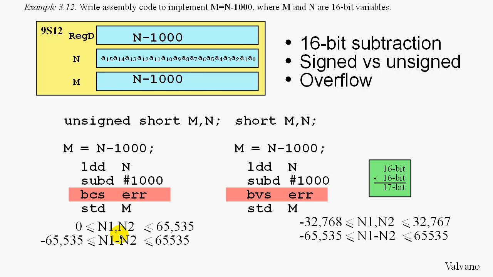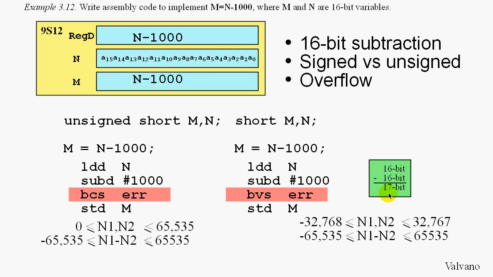And when we subtract them, the difference could be any number from minus 65,000 all the way to plus 65,000. Similarly, if n and m were signed numbers, they would exist from minus 32,000 to plus 32,000. And when we subtract them, we could get a number ranging anywhere from minus 65,000 to plus 65,000.